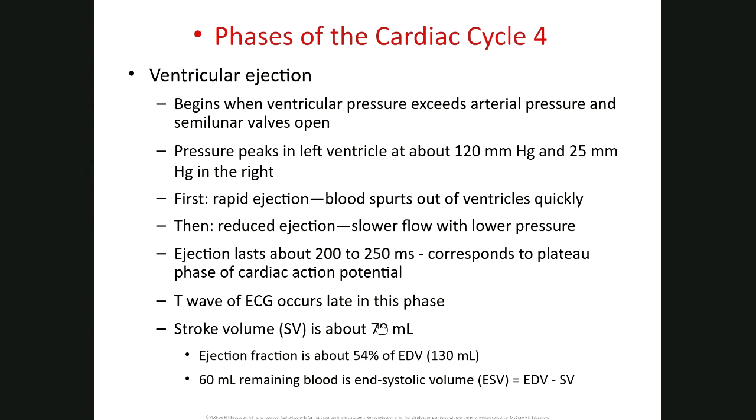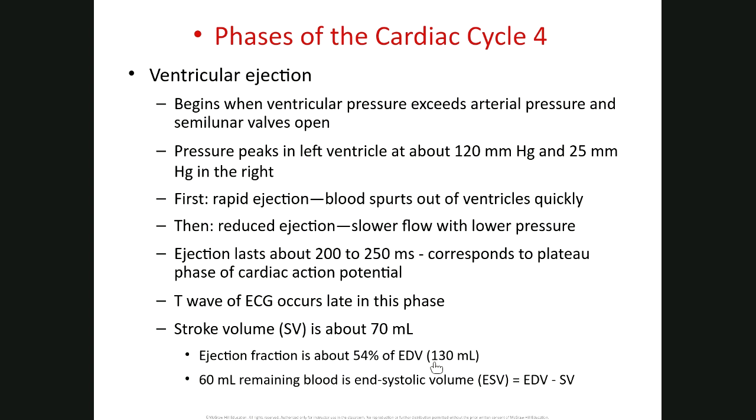But if you get the ejection fraction, the ejection being the volume stroked out, you will then divide it by the full maximum volume, which is 130, and you pushed out 70.